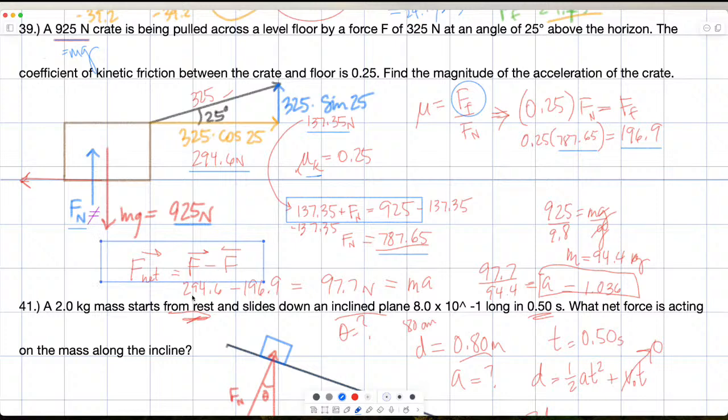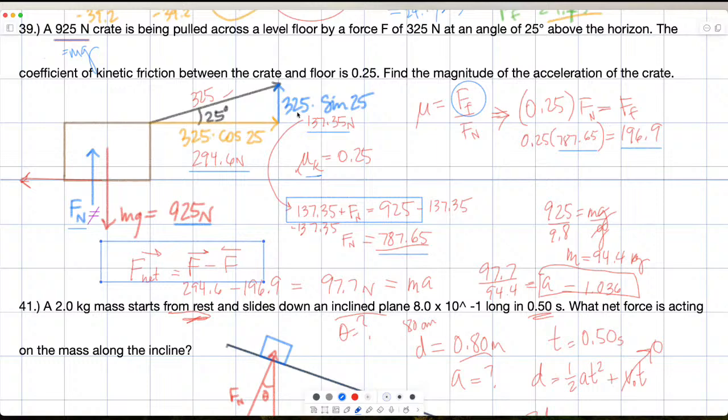The net force equals some number we don't know. The horizontal right force is 294.6. That's 325 times cosine 25, because that's the right-facing force on this box from the 325 at 25 degrees.